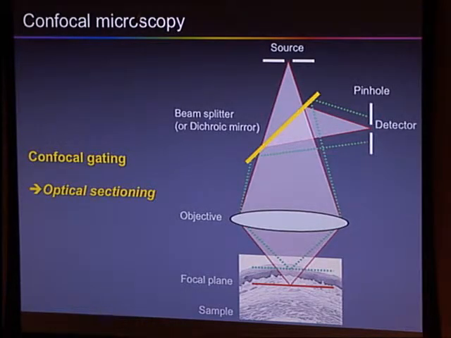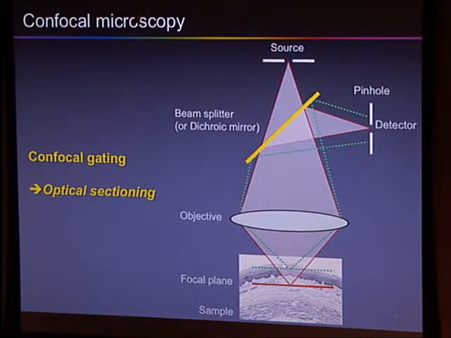That's pretty straightforward. It is called a confocal microscope because there's a conjugate relationship between the focal point and the pinhole location. The light coming back from the focal point has an easy time going through the pinhole and gets detected.